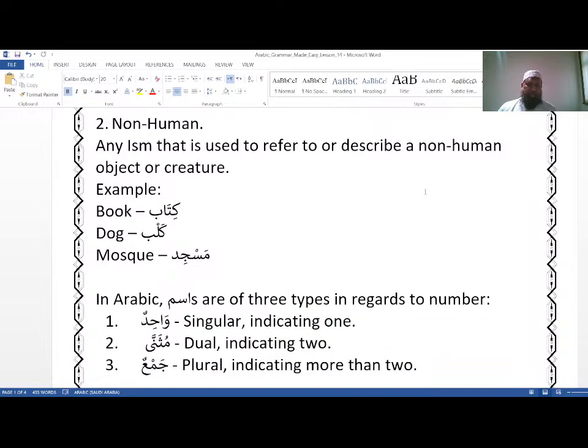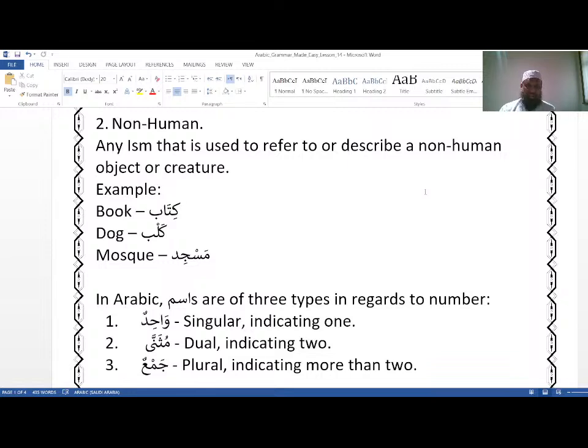Okay. In regards to number, in Arabic, isms are of 3 types. Wahid, singular. Muthanna, dual. Jama', plural. So once we know the ism giving us the number, then we're able to use al-fi'l al-madi according to the ism.